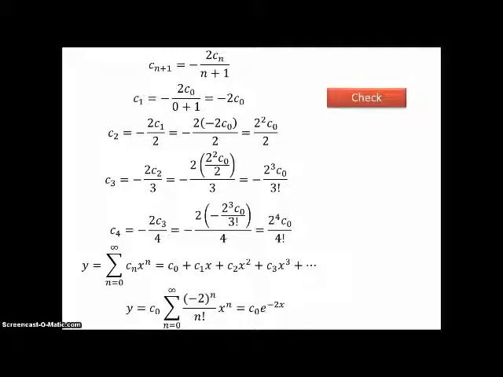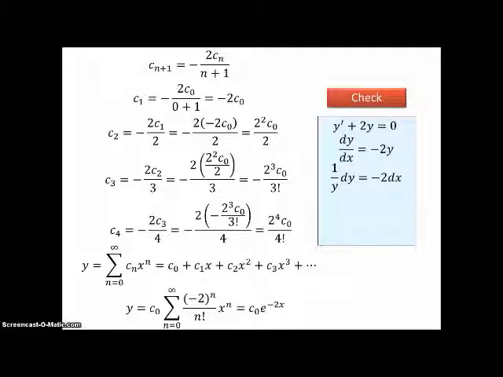Now let's check that, because as I said, this particular one is actually very easy to solve by separation of variables. Here's our original equation. We move the 2y to the other side, divide by y and multiply by dx, integrate both sides, take e to the both sides, or anti-log both sides, and then e to the negative 2x plus c you can separate into e to the negative 2x times e to the c, and then to get rid of the absolute value you've got two solutions, plus or minus.